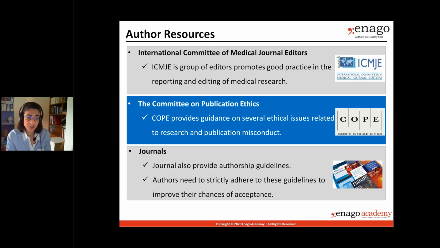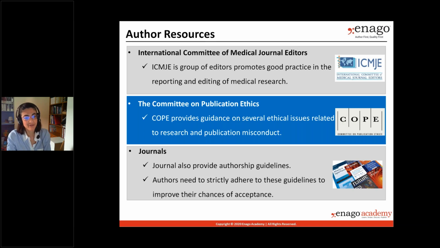Another important resource is the Committee on Publication Ethics. COPE, which is short for Committee on Publication Ethics, provides guidance on several ethical issues related to research and publication misconduct. And then, of course, you can find a lot of useful information for authors in different journals.